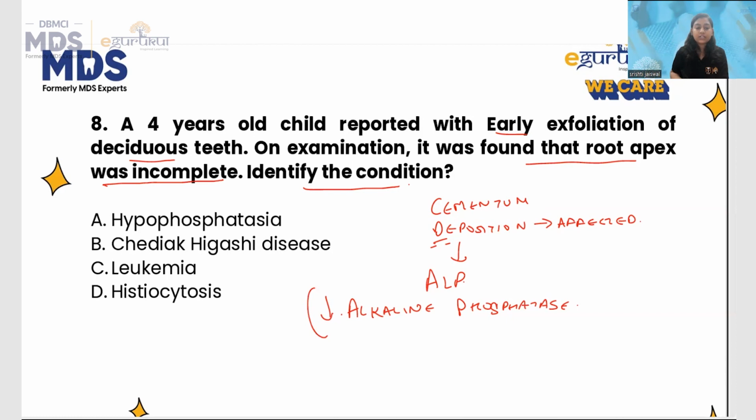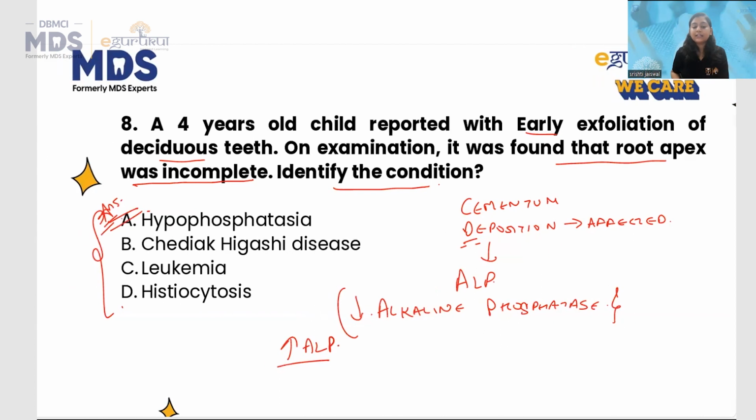Now, which condition out of all these is associated with decreased alkaline phosphatase level? It is hypophosphatasia. So here the answer is hypophosphatasia. Now you guys tell me, increased alkaline phosphatase level is seen in which condition?